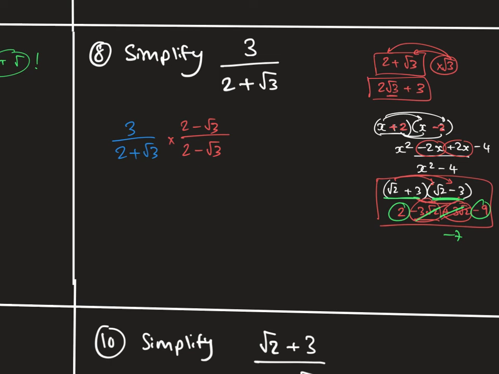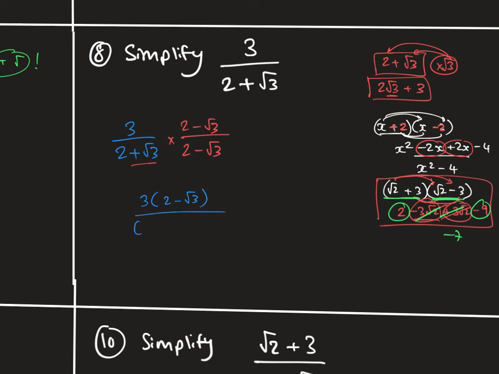Why have I chosen 2 minus root 3? The reason is that it is the opposite of 2 plus root 3, which is what we've got here, and that should cancel out. So let's have a go at this. What we end up with on the top is 3 brackets 2 minus root 3.